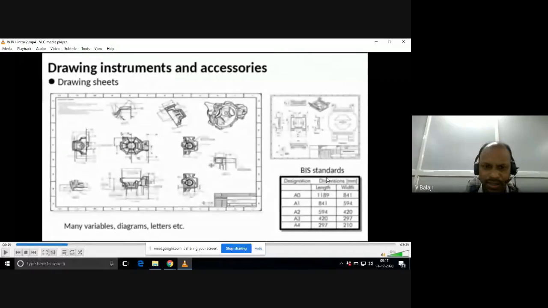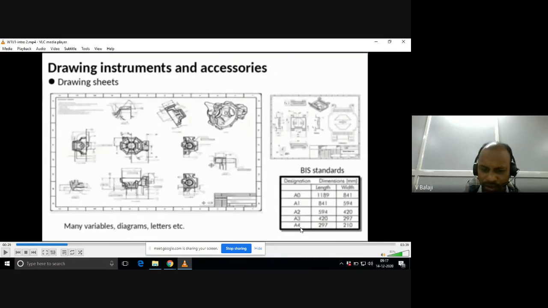And coming to the next slide, you see, it is something like a drawing sheet layout. These are the drawings you have prepared or you have drawn, okay? And some standards are also there for drawing sheets. A naught, A1. You see to the right hand side, down corner, A naught, A1, A2, A3, A4. You are familiar with A4, right?